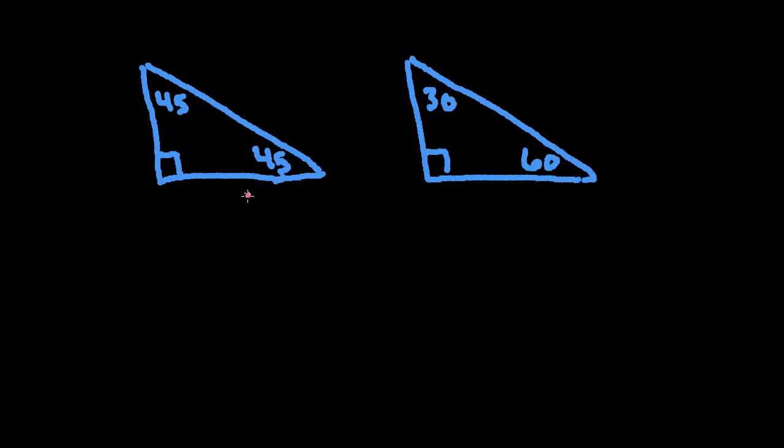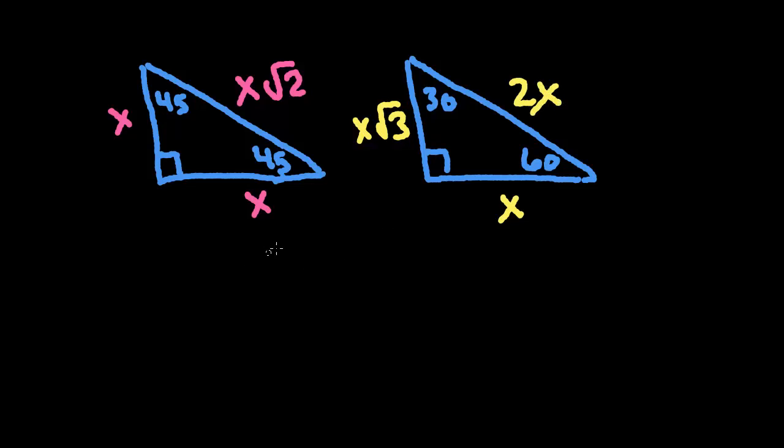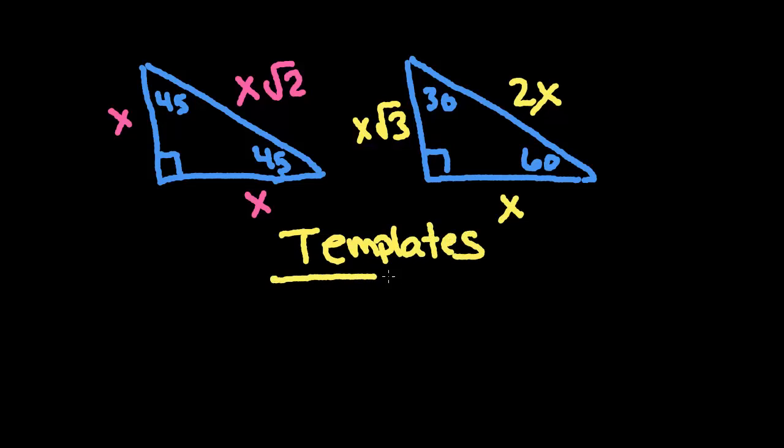And your 45, 45, 90, it's an isosceles triangle, so the two legs are the same, and the hypotenuse is the x with the square root 2 attached. With your 30, 60, 90, opposite the 30 is an x, opposite the 60 is an x with the square root 3, and opposite the 90 is your 2x. So those are your templates for your special right triangles.